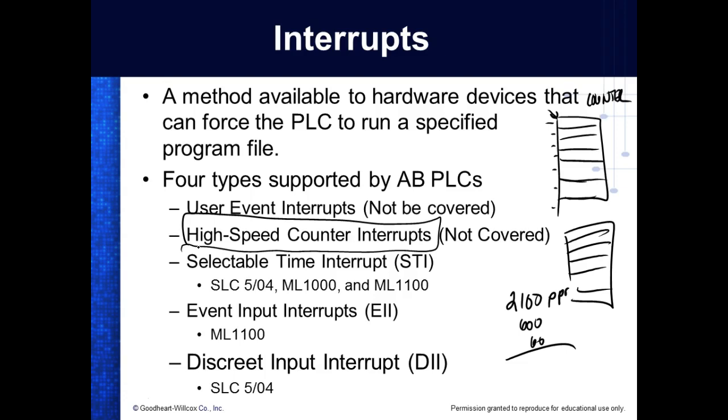You understand? Our software can't keep up with the counter, but the counter doesn't lose counts. So we can generate an interrupt, which would go out there, read the counter, and bring that into my program. Now we can bring the count in at my convenience, when we need it. Does that make sense?